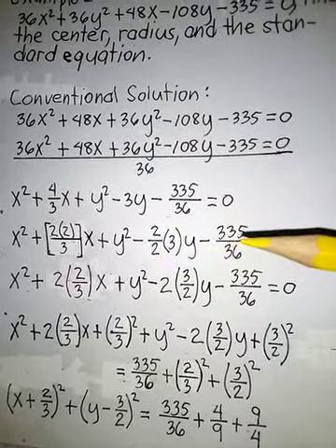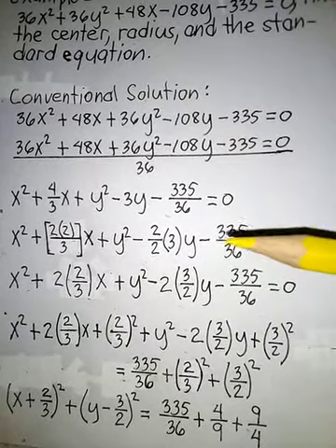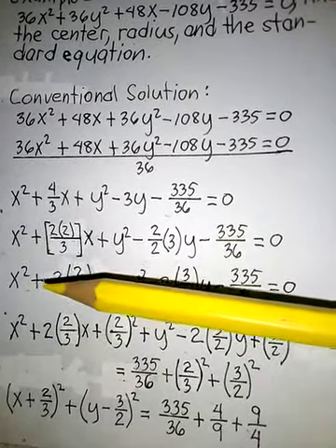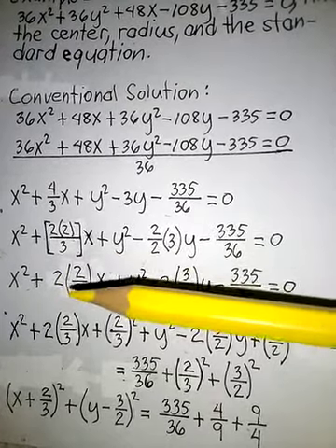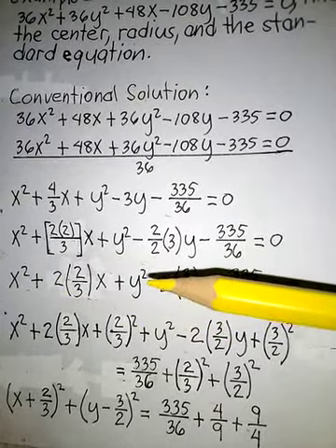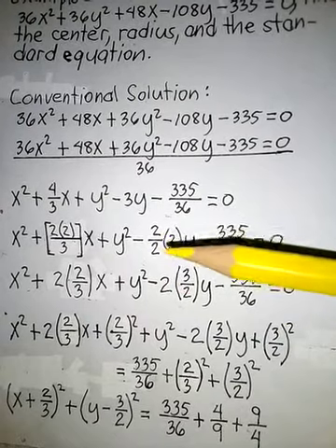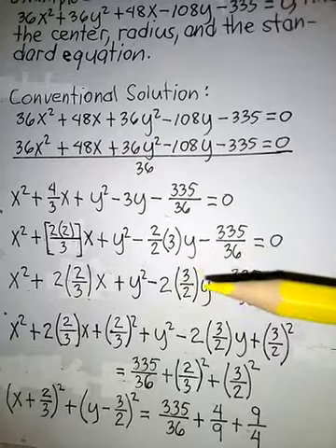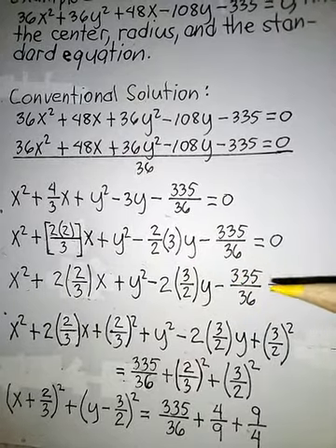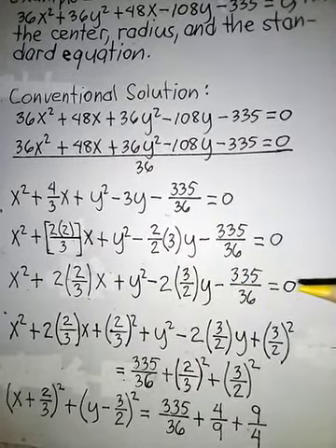Okay? And then minus 335 over 36 is equal to 0. So we have x squared plus 2, and then 2/3 multiplied by x plus y squared minus 2 multiplied by 3 over 2 multiplied by y minus 335 over 36 is equal to 0.